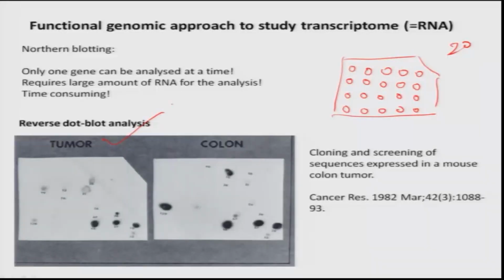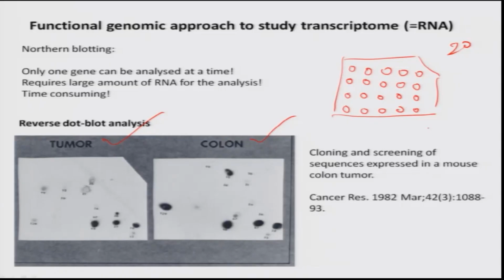Suppose this is a tumor which is growing, and this is a normal tissue; for example, I am looking at colon cancer and the normal colon. Then you have the RNA, and you have the same blot, the same way, a membrane on which I spotted the same number of genes, the same amount of DNA, and then I hybridize with an RNA which is labeled.